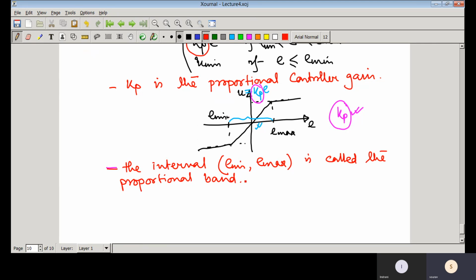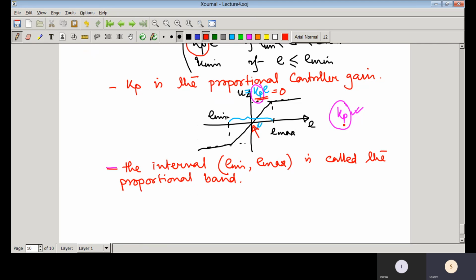Now what is the drawback? You can see here, whenever the error becomes 0, E equal to 0, then this Kp E would be equal to 0.